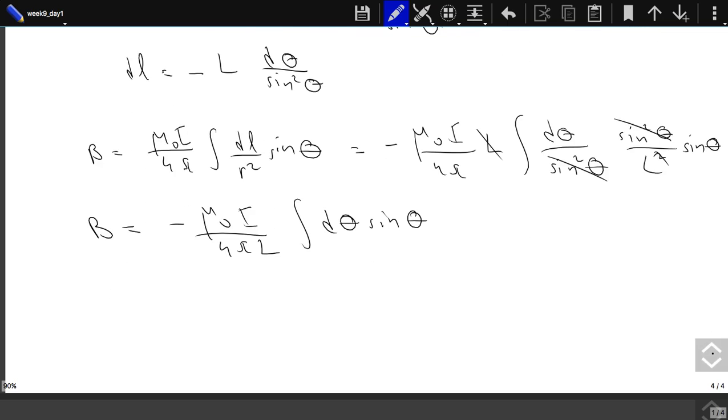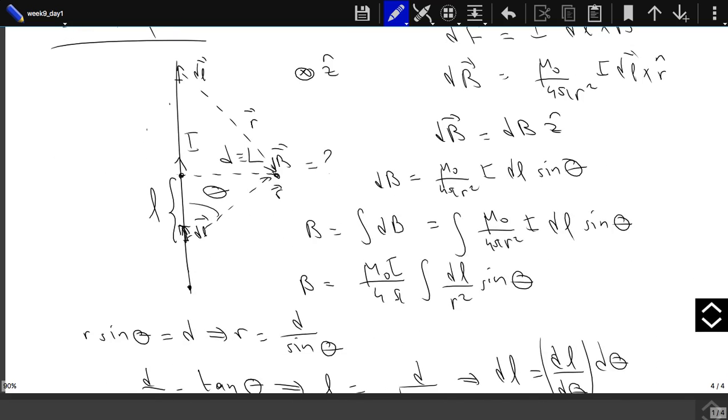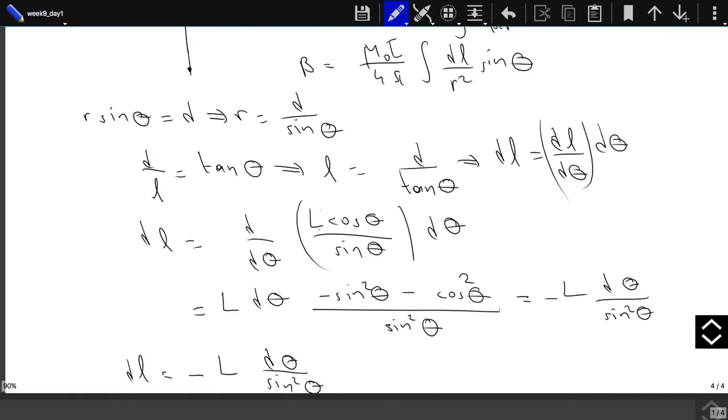Now, what are the limits on theta? Zero to 180. Well, let's say 0 to 180.